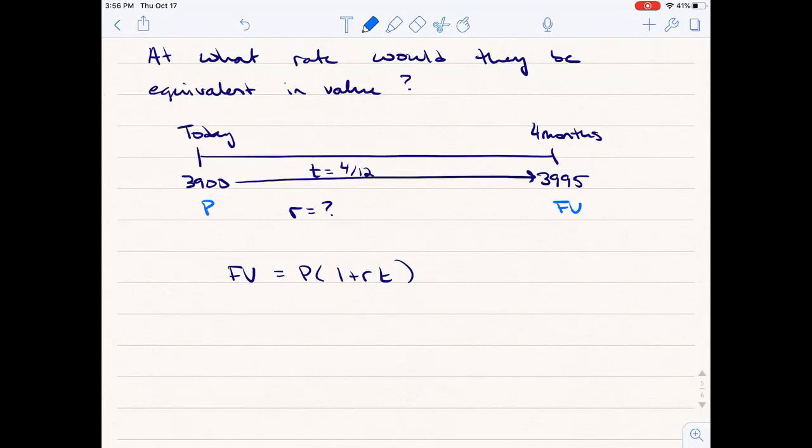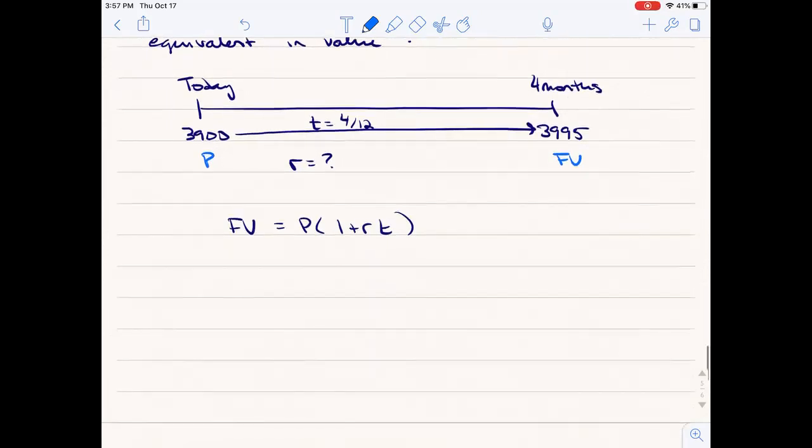So what we're saying is you could have taken 3995 and forced it to be 3,900. Right? Still find the rate. But like I said, I like finding future values because the P, if we're finding the principal amount, I have to do future value divided by 1 plus RT. It's just not as fun.